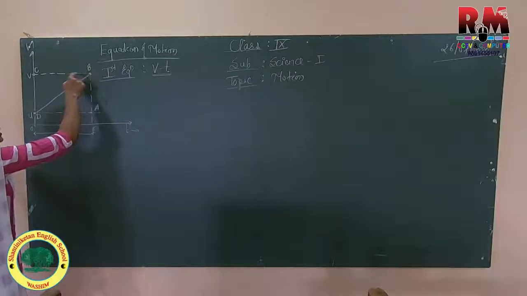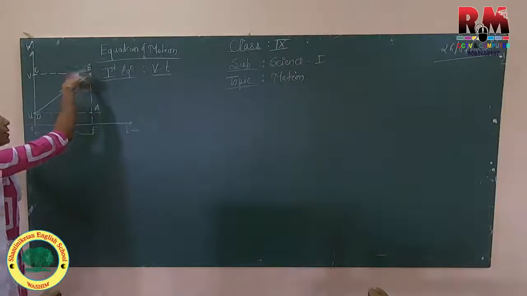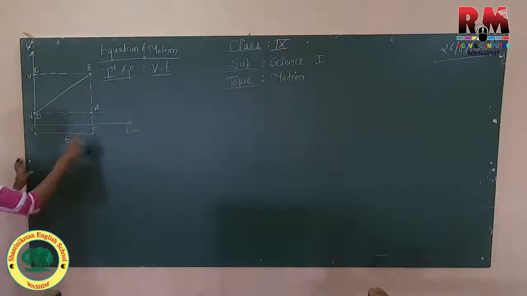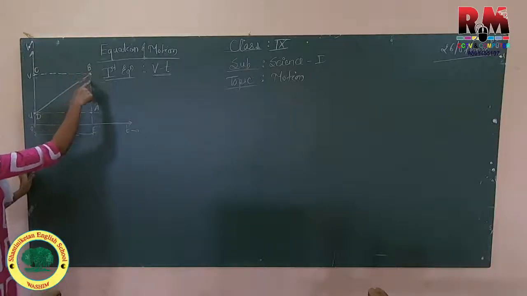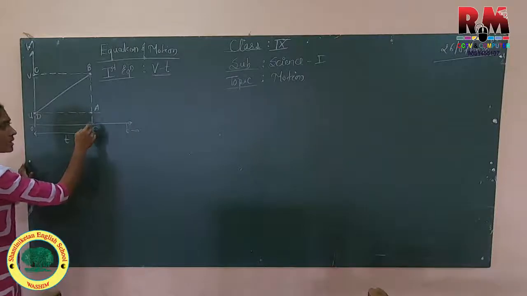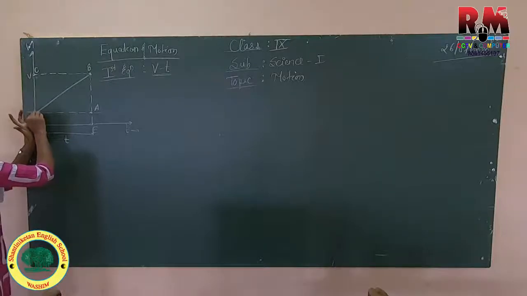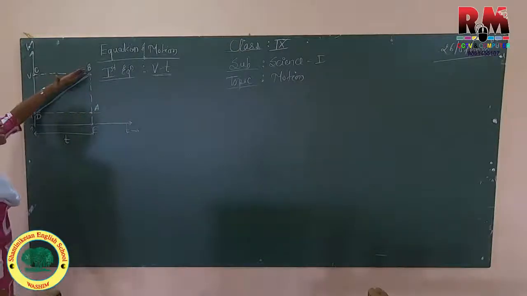From point B we find the velocity v, and I have labeled it as C. The line drawn perpendicular from point B cuts the x-axis at point E. So the graph is simple, it shows the change in velocity.